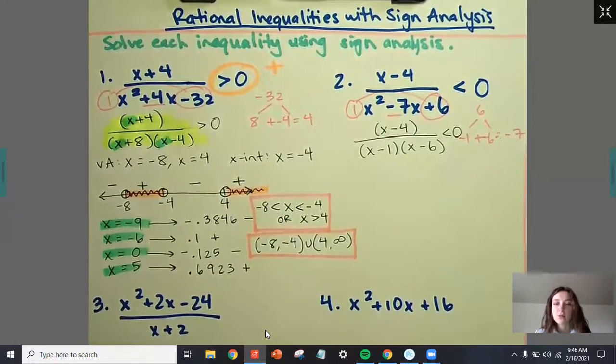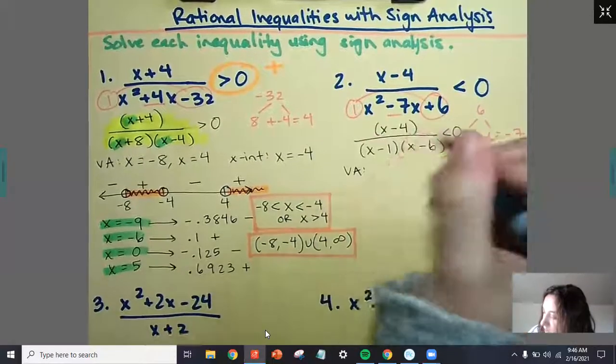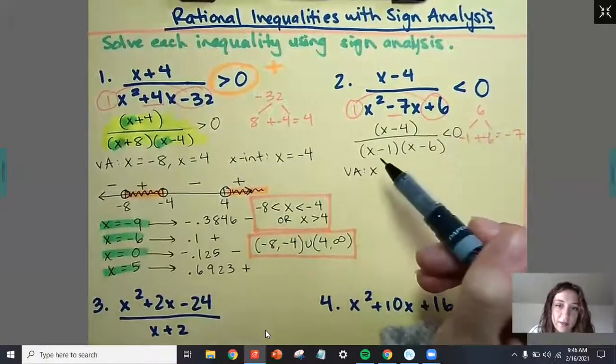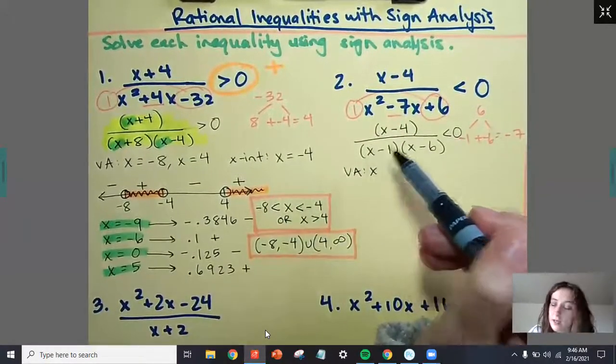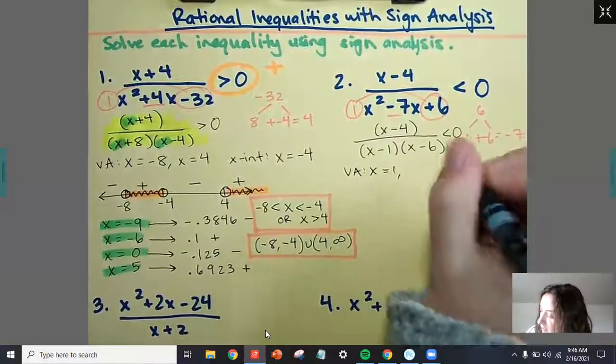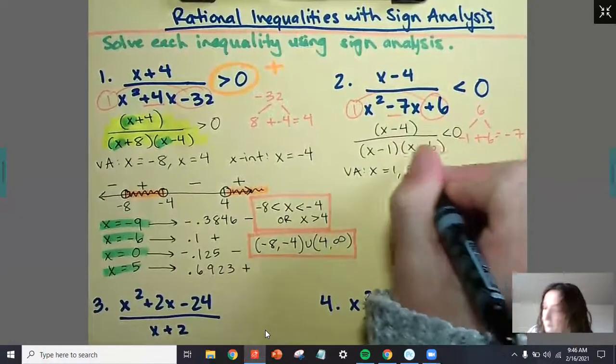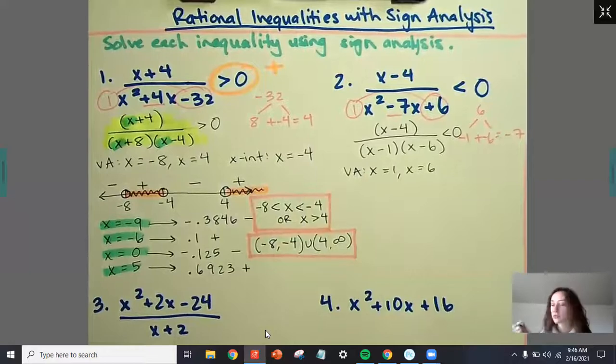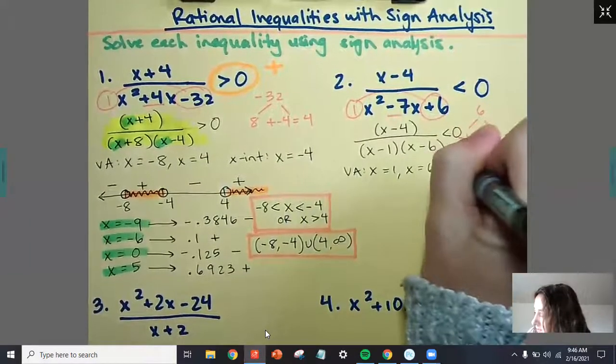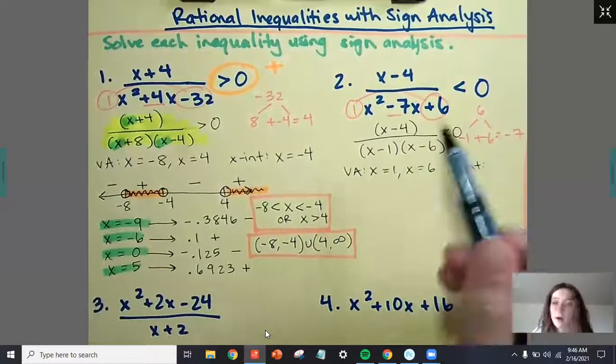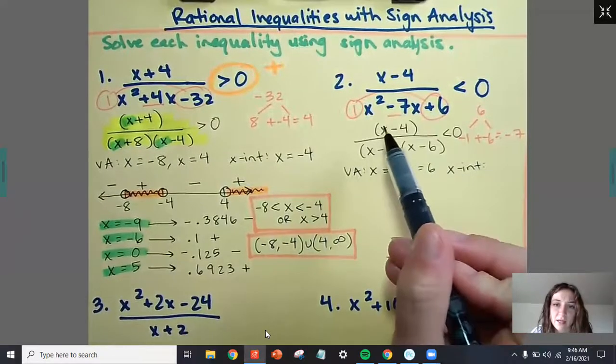Okay, now that we're here, we just want to look at the important points. So let's start with the vertical asymptotes. Those are just the factors that are in the denominator, what makes them 0. So here I can see 1 minus 1 would be 0, and 6 minus 6 would be 0. And we also want to look at the x-intercept. The x-intercept is where the numerator is equal to 0. So that's really the same thing.